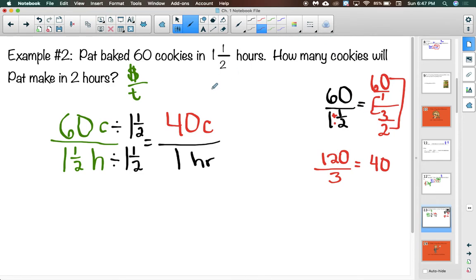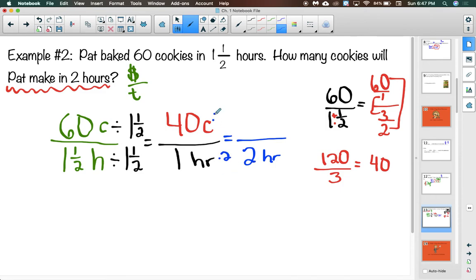But the question doesn't ask how many cookies Pat can make in 1 hour. The question asks how many cookies can Pat make in 2 hours. So that means I have to take my unit rate and I have to solve for 2 hours. How do I turn a 1 into a 2? Well, I multiply by 2.